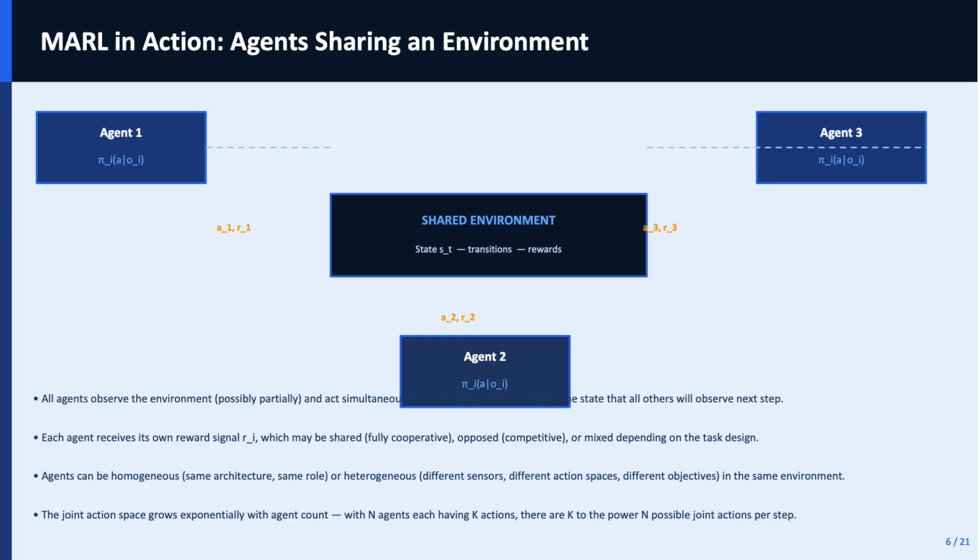A team developing traffic signal control for a mid-sized city used exactly this structure. Each traffic light was modeled as an individual agent that observed the queue lengths on its own roads and chose a signal phase, while the shared environment, the road network, evolved based on the combined phase decisions of all lights simultaneously.